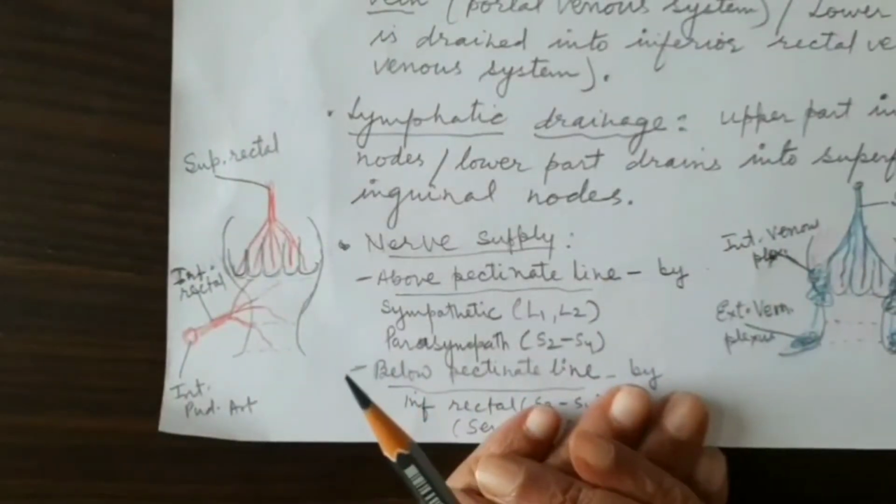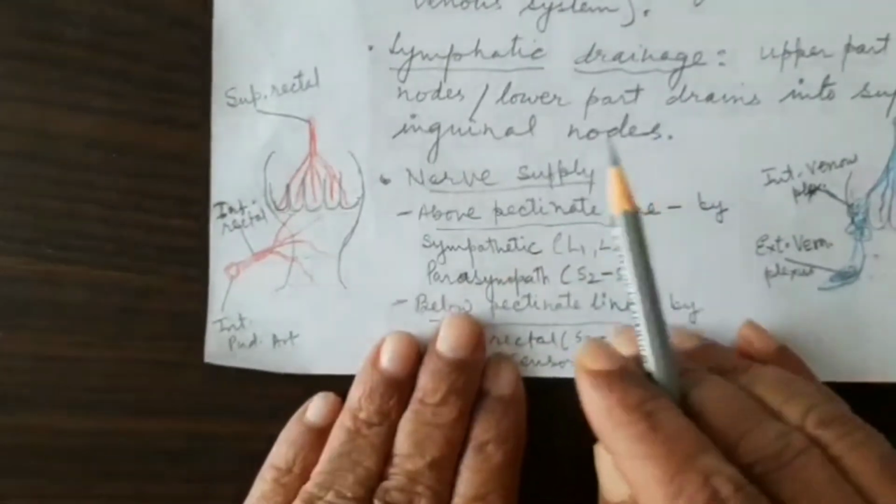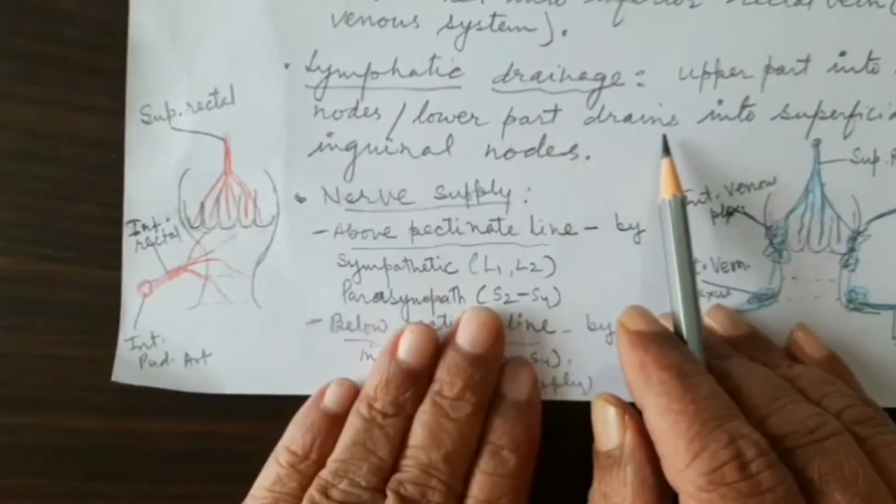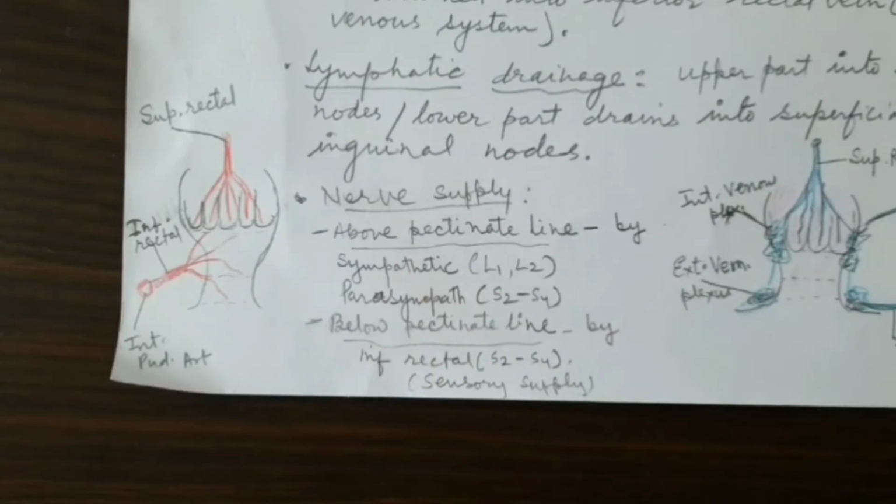Now the third component is the lymphatic drainage. The upper part drains into the internal iliac lymph nodes, the lymph nodes along the internal iliac vein, while the lower part, below the pectinate line, drains into the superficial group of inguinal nodes, which is present in the thigh below the inguinal ligament.